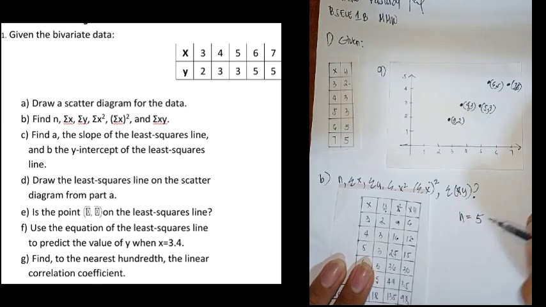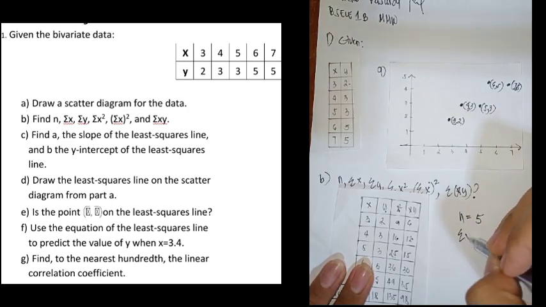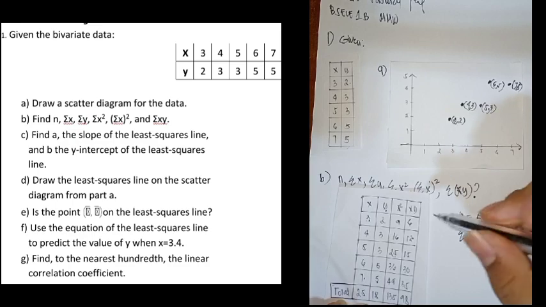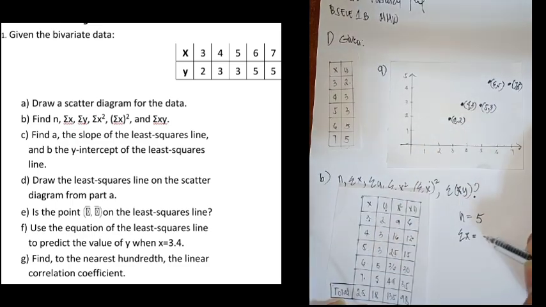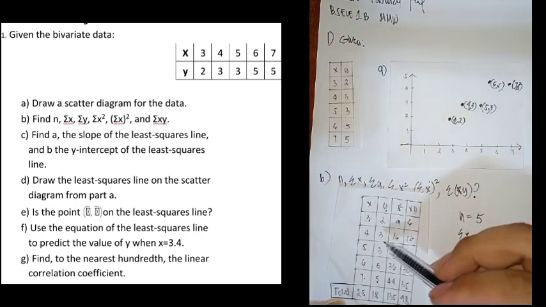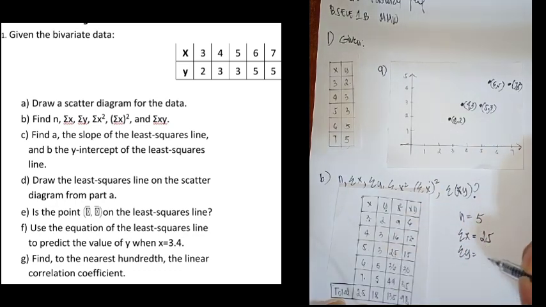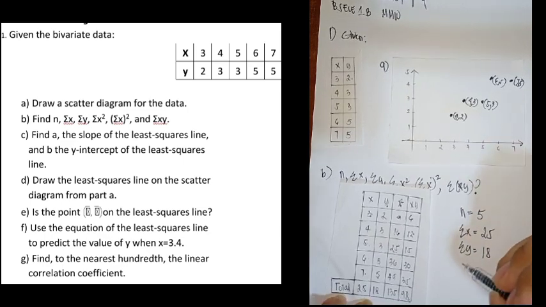So 5. Summation of x is 3 plus 4 plus 5 plus 6 plus 7, equal to 25. Summation of y is 2 plus 3 plus 3 plus 5 plus 5, equal to 18.